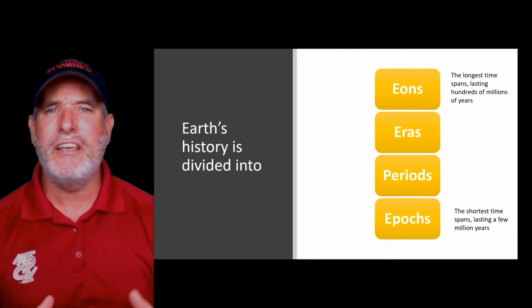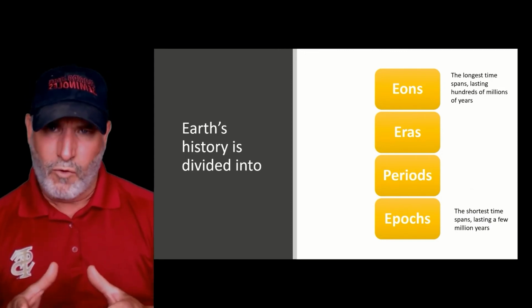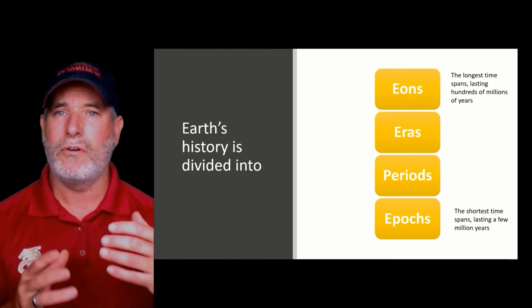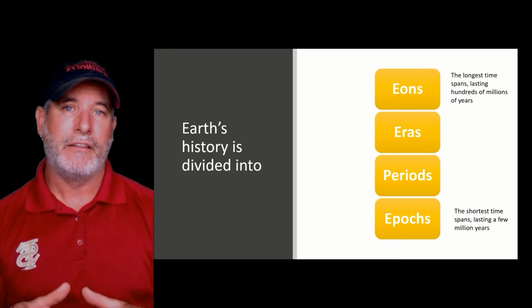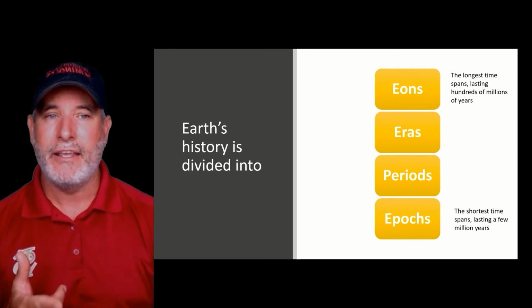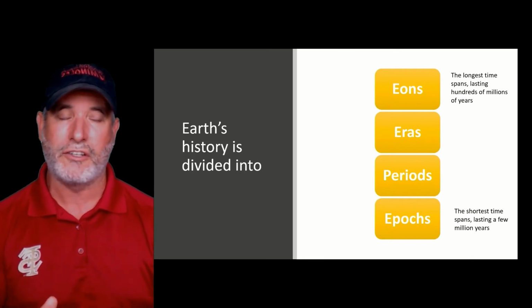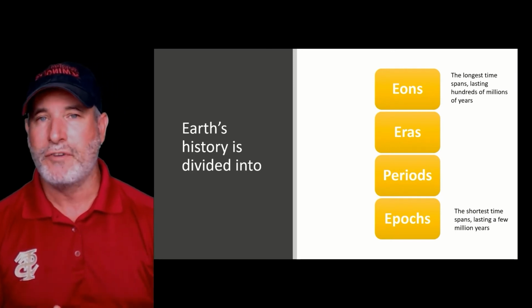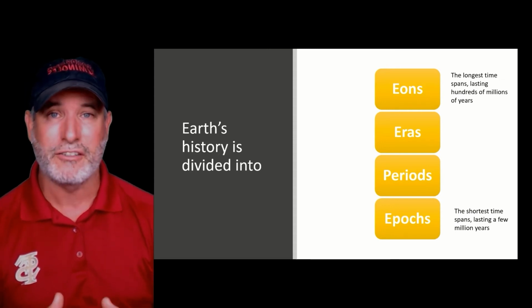So what are these eons and eras and periods and epochs I talk about? Because the Earth is so old and a lot has happened, we divide its history into eons, eras, periods, and epochs. Eons, of course, are the longest, and they last hundreds of millions of years; the Proterozoic was like 2 billion years long.